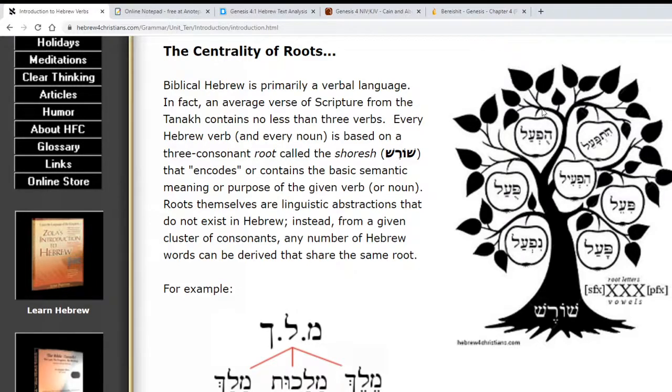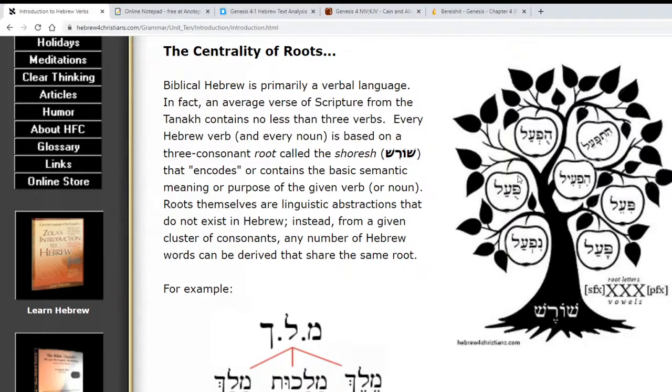Last time we went through the binyanim, the way the roots can be conjugated and built, but the really important part, I believe, in order to figure out what a Hebrew word means, especially an uncommon one, but even common ones, is to figure out the three-letter root that is at its root, the shorish of the word.